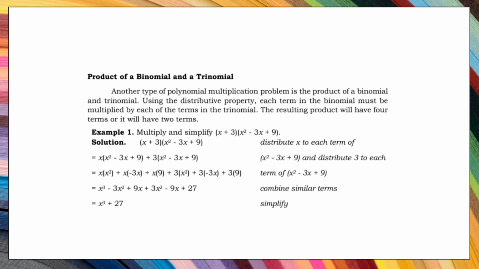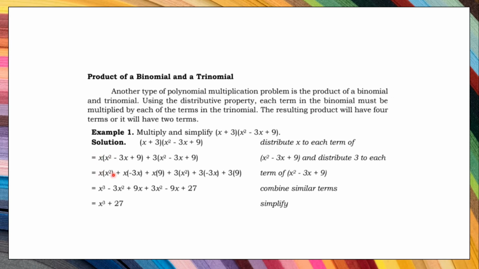Example number 1. Multiply and simplify x plus 3 times x squared minus 3x plus 9. So the solution: we have to distribute x to each term. So x plus 3 times x squared minus 3x plus 9.